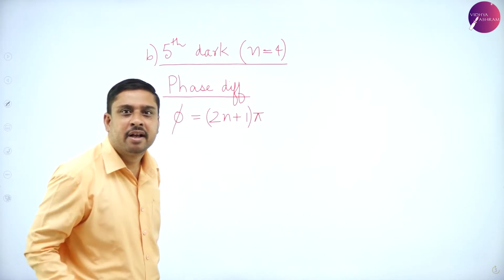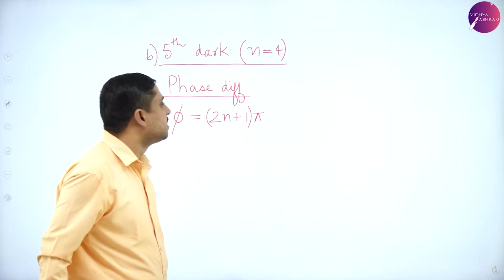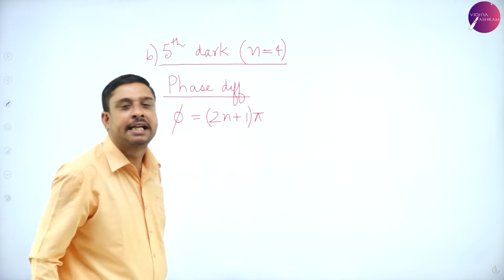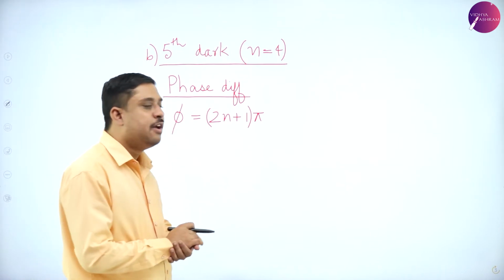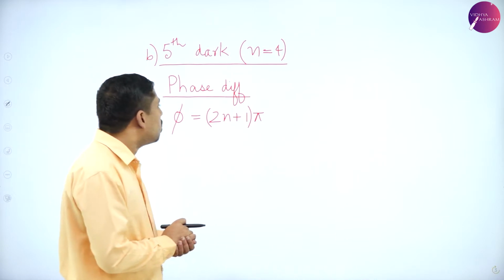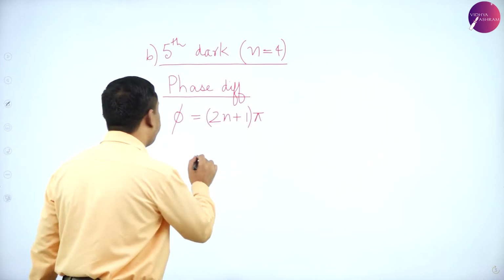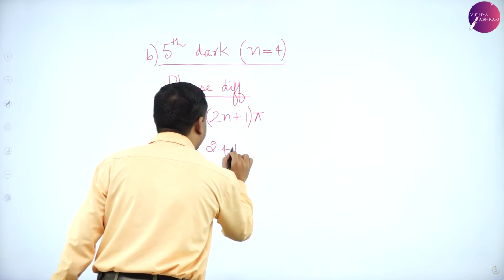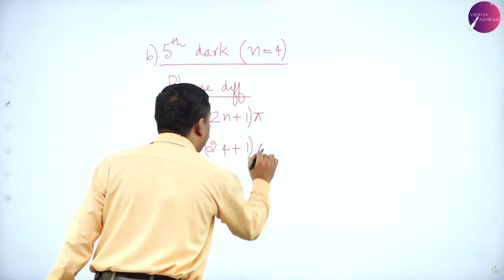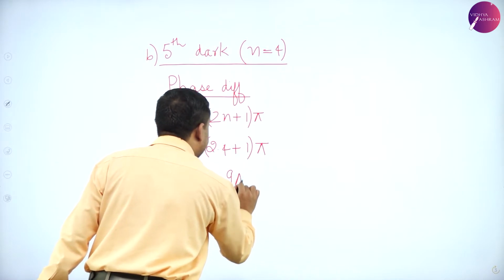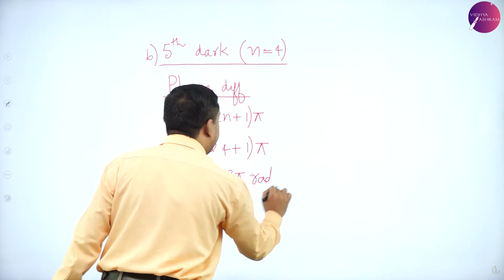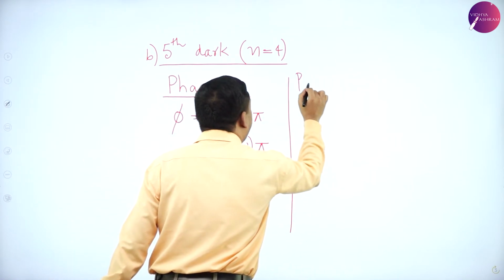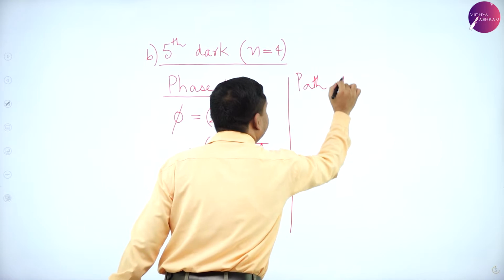If you remember, phase difference in terms of destructive interference, phi equals 2n plus 1 pi. So this is 2 into 4 plus 1 pi, which is 9 pi radians. Similarly, path difference.